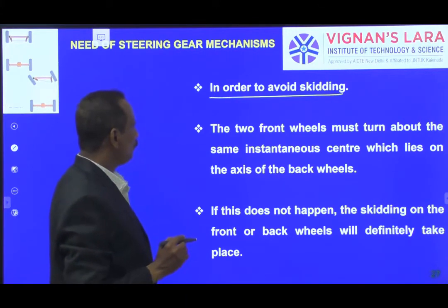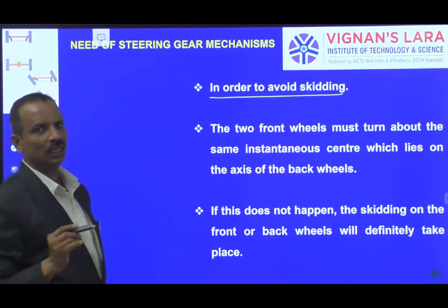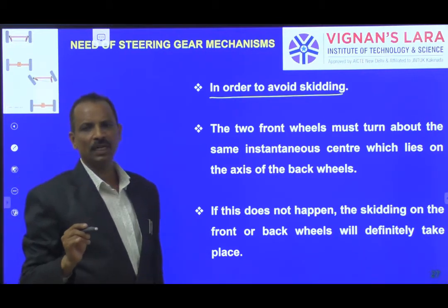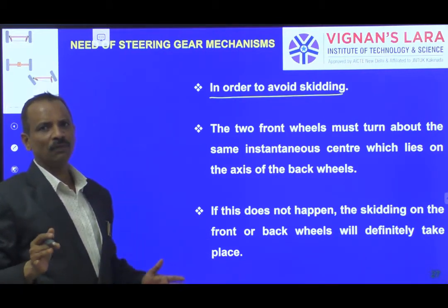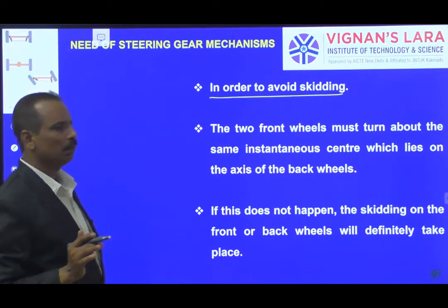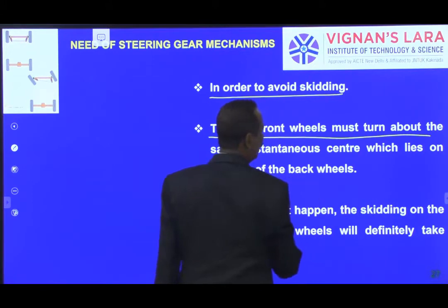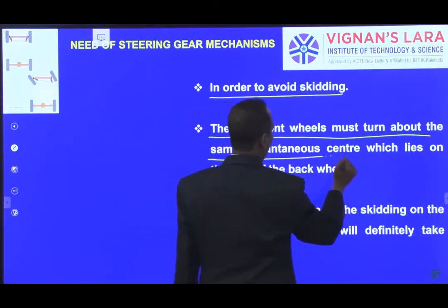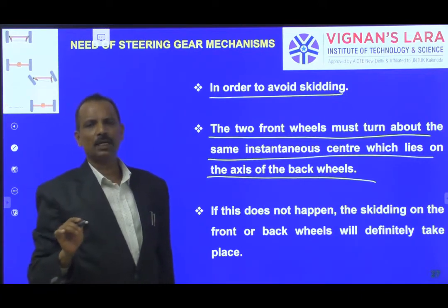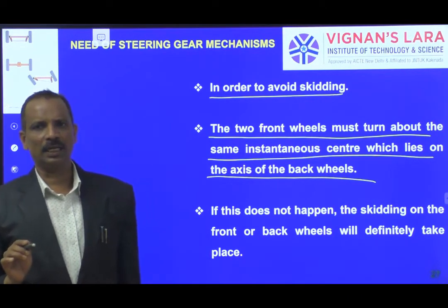And the front wheels, the two front wheels, we are talking about the steering gear mechanism of a four-wheeler. So you are aware of it, there are two front wheels and two rear wheels. So the two front wheels must turn about the same instantaneous center which lies on the axis of the back wheels. So at this moment you are not familiar with what is instantaneous center.